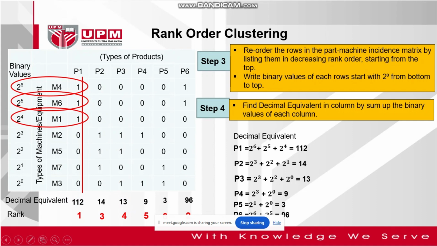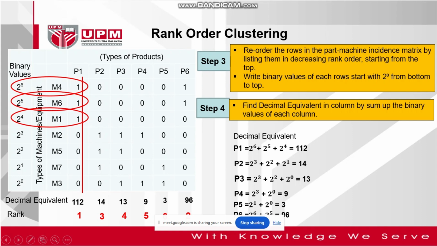We need to calculate the value here. For part 1, we have 2 power 6, 2 power 5, and 2 power 4, which gives us 112. For part 2, there is a 1 for M2, M5, and M7, so we calculate 2 power 3 plus 2 power 2 plus 2 power 1, which equals 14.